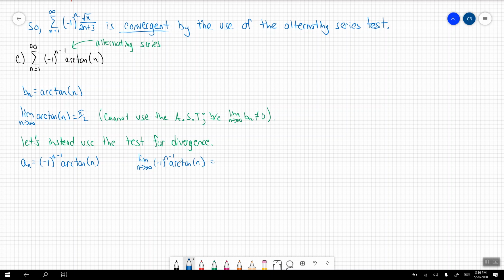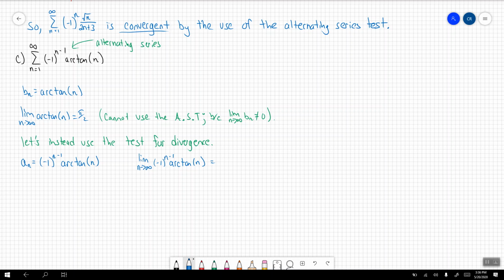Now, remember arctan. As n tends to infinity, we get pi halves, but as n tends to negative infinity, it's going to be negative pi halves. So if I multiply arctan by a negative, I'm tending towards negative pi halves. What's happening is my limit keeps bouncing between pi halves, negative pi halves, pi halves, negative pi halves.